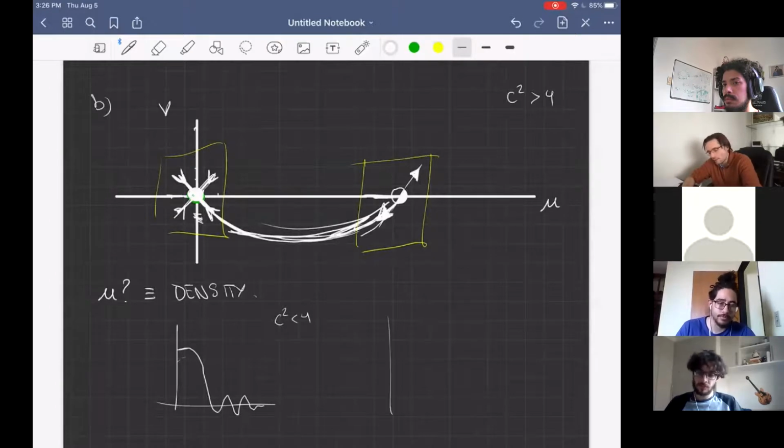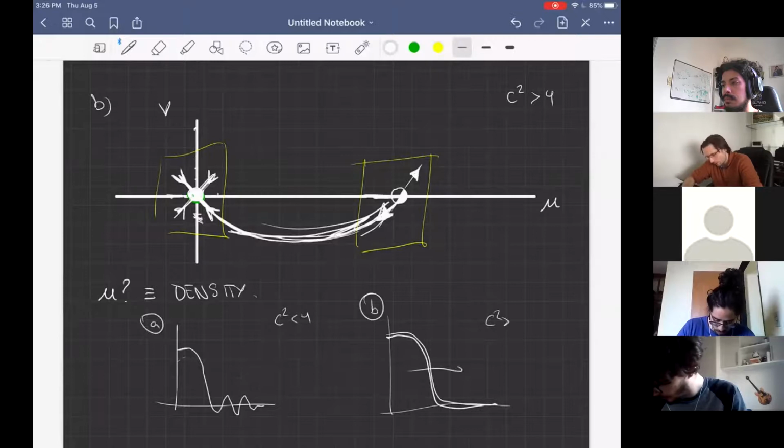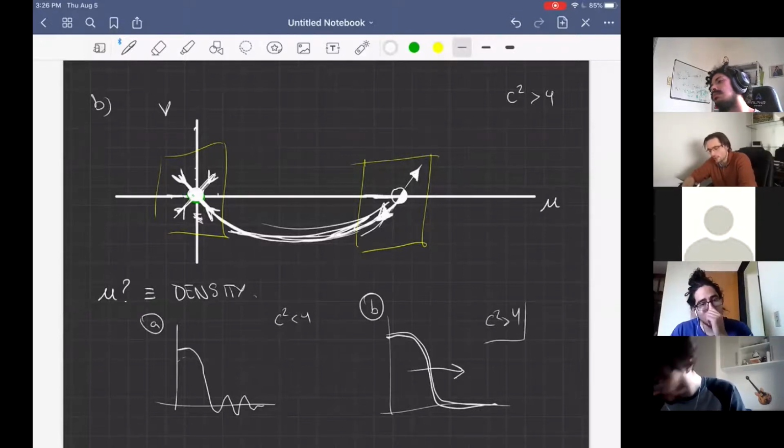Whereas if my velocity is larger, then my solutions are going to look like this. So the idea is that this Fisher-Kolmogorov equation allows for traveling waves, allows for propagation of these fronts, only if c squared is larger than 4.